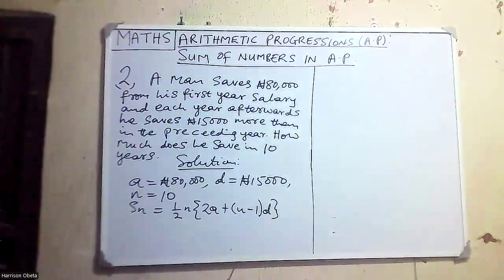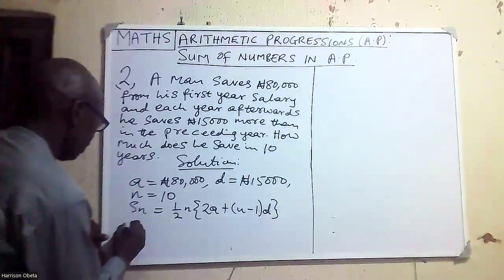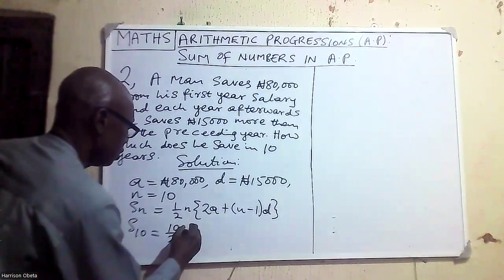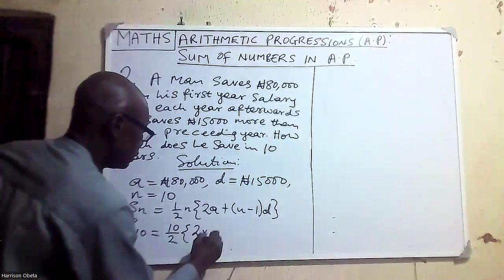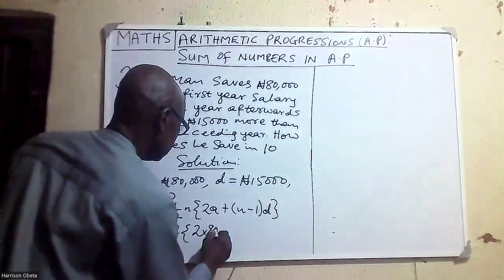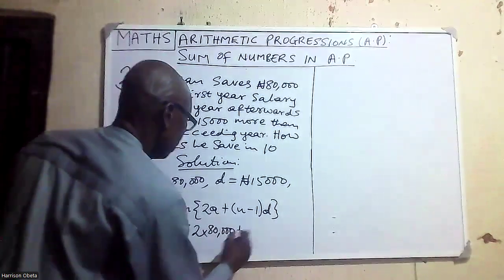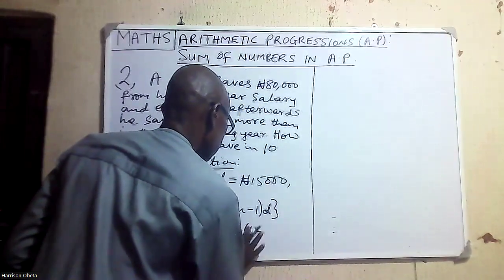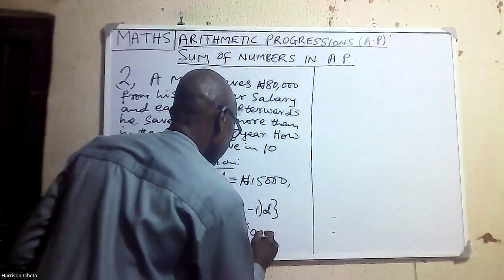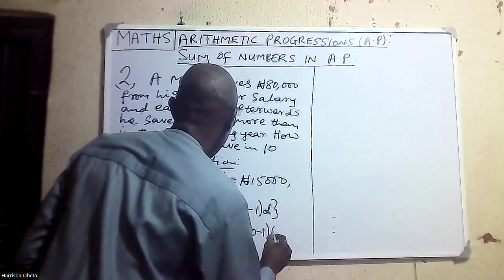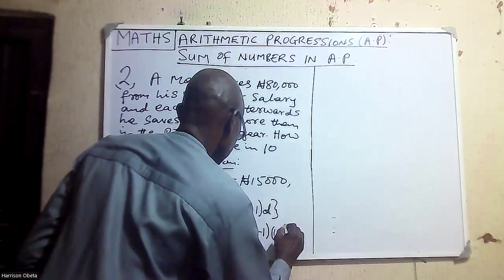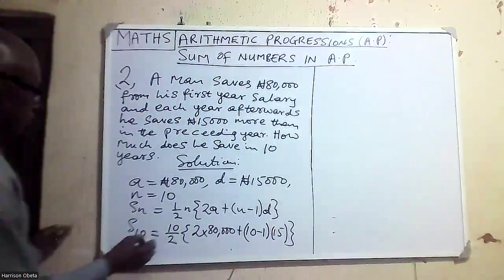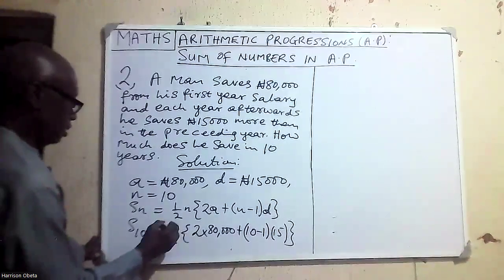Just substitute the values as usual. And that means we have S10 is equal to 10 over 2 into (2 times 80,000 plus (10 minus 1) into 15,000). And then going further, to simplify this side, this is 5.